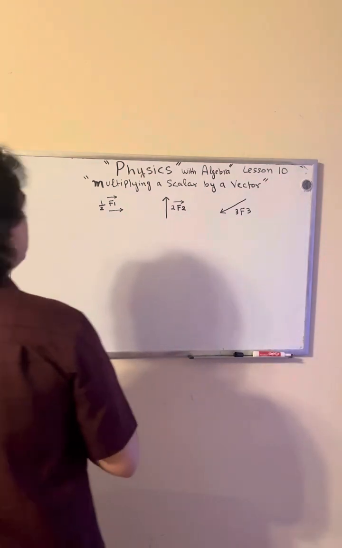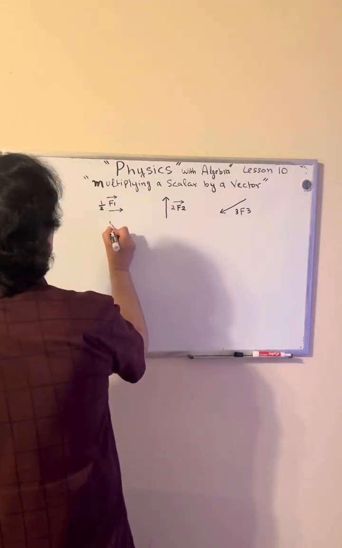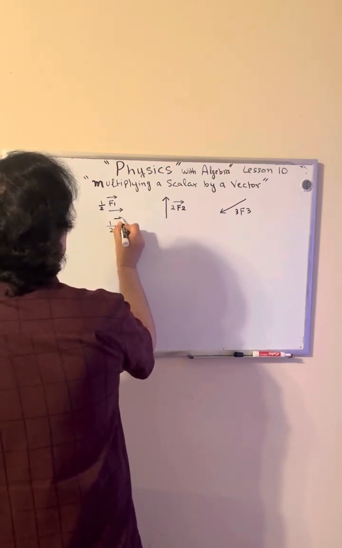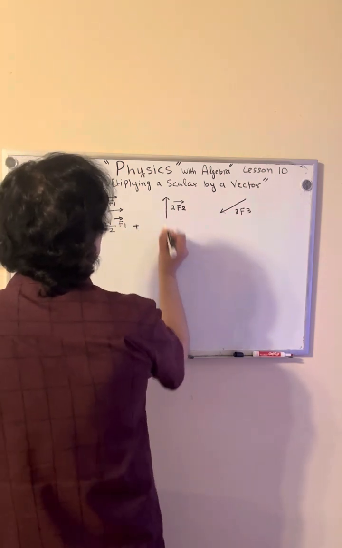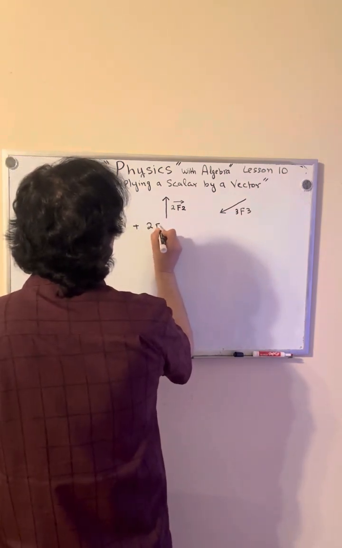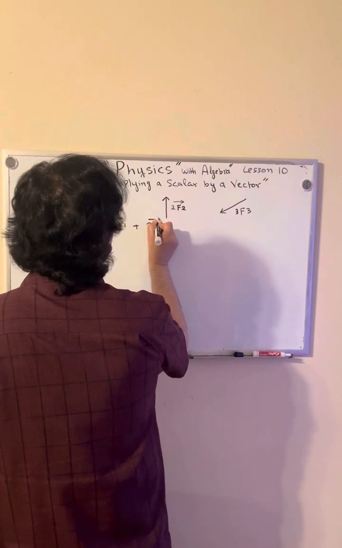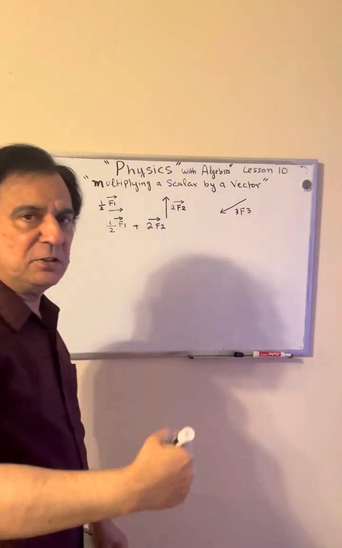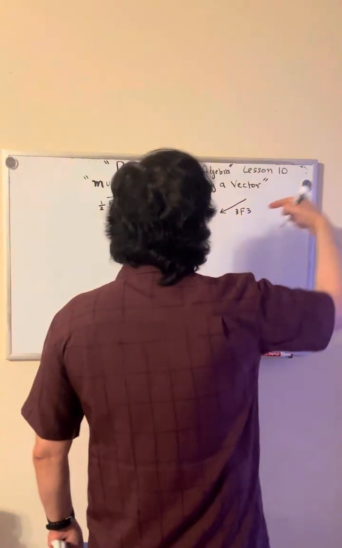Well, let's go ahead and get started. We say half F1, no rocket science over here, plus 2F2, no rocket science over here. Now this one right here has a direction which is opposing these.